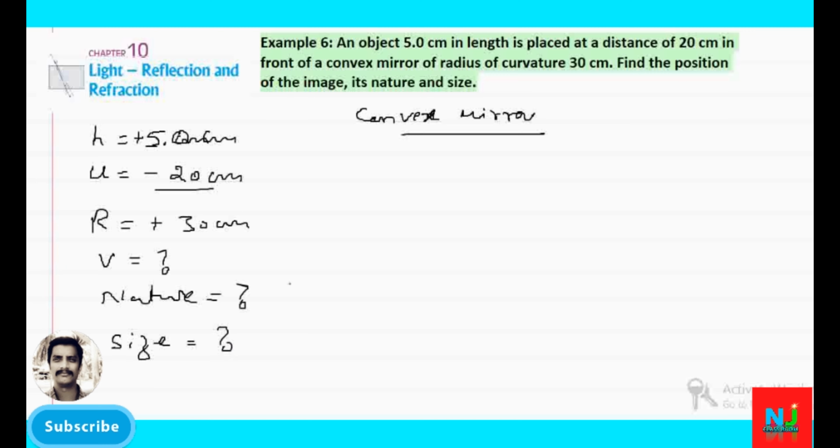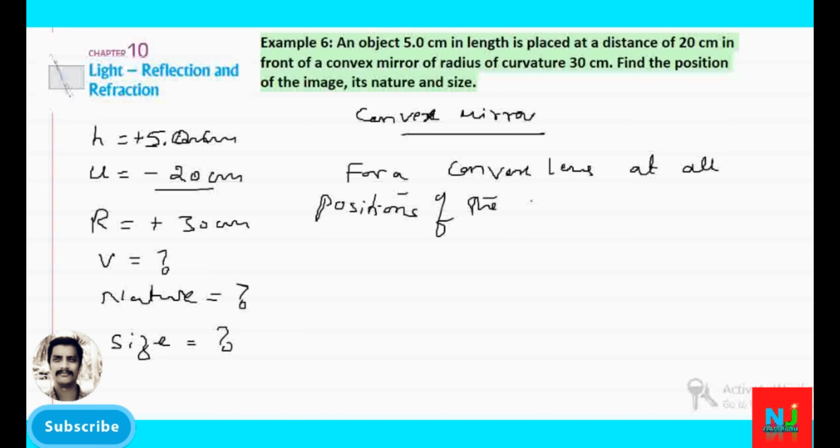Now first it is clear, for a convex mirror, at all positions of the object, a virtual image is formed.